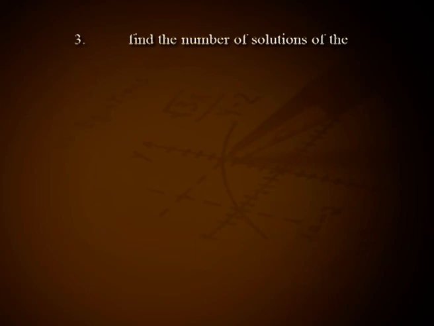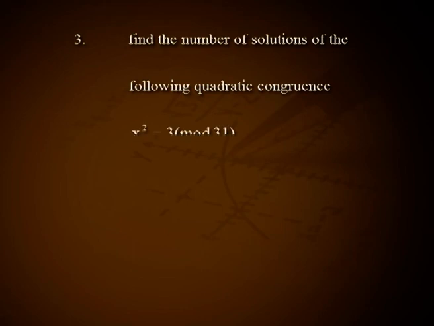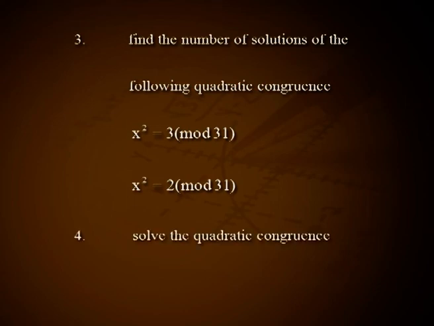Find the number of solutions of the following quadratic congruences: x² congruent to 3 mod 31, x² congruent to 2 mod 31. Solve the quadratic congruence x² congruent to 91 mod 94.